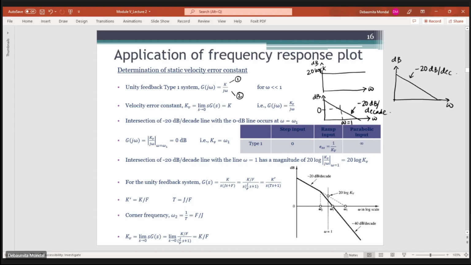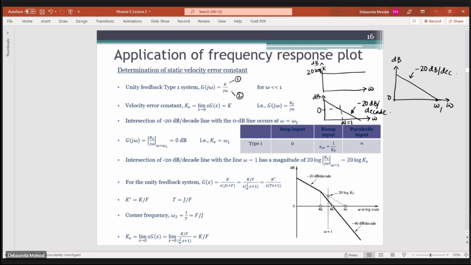Let's say this is omega 1 and this is 0 dB. The frequency at which the straight line crosses the 0 dB line is known as omega 1, so we can find out the value of omega 1.